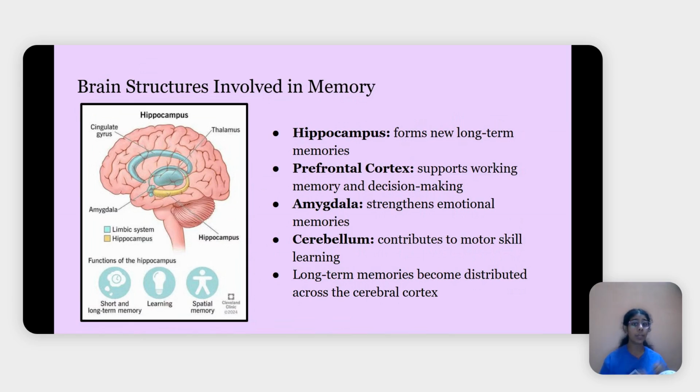It helps to form new long-term memories. Then we have the prefrontal cortex that supports working memory and decision making. Our amygdala strengthens our emotional memories, and the cerebellum contributes to motor skill learning. These are things like writing, dance, swimming, cycling, and so on. Long-term memories become distributed across the cerebral cortex, though, depending on what kind of memory it is.